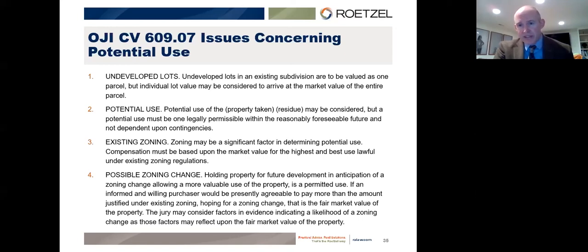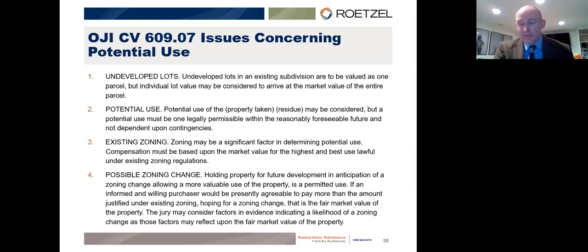And this is interesting when you're talking about these highest and best uses. If it's not the current use, you're dealing in hypotheticals. So what the law says is you can consider a potential use, but it has to be one that's legally permissible within the reasonably foreseeable future and not dependent on contingencies.